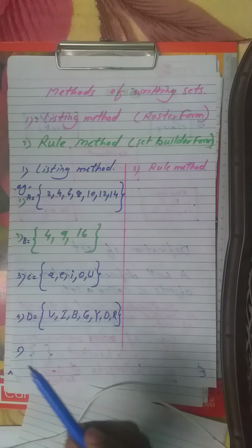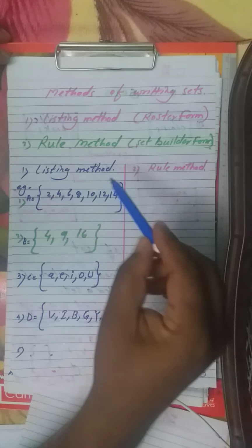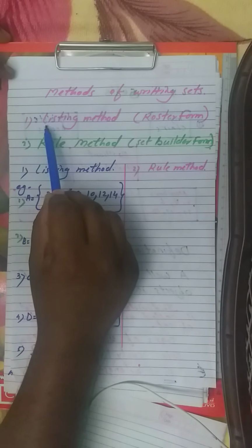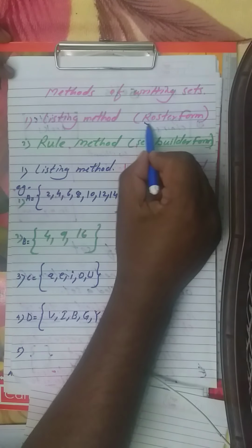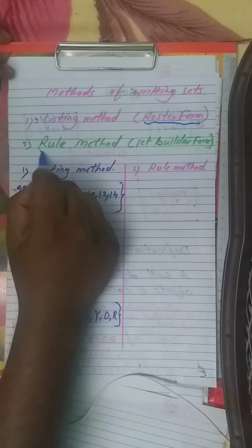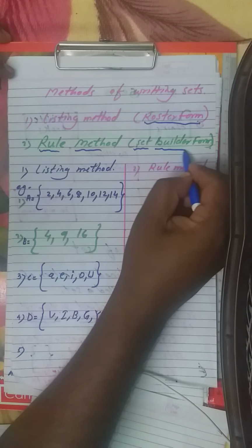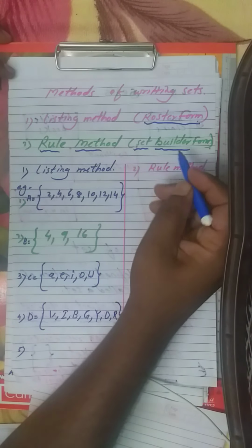Dear students, we can write sets in two methods. The first is the listing method, whose other name is the roster form. The second method is called the rule method, or the set builder form.